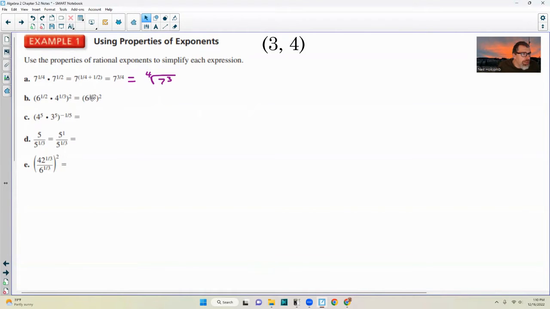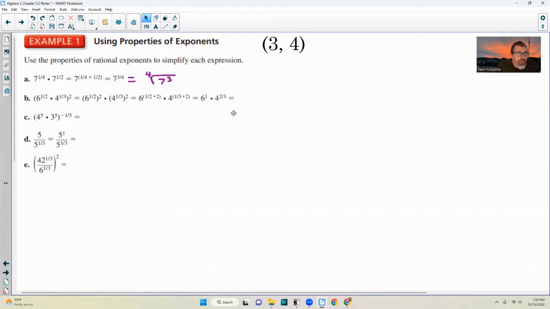So it's 6 to the 1/2 squared times 4 to the 1/3 squared. When I simplify that, it's 6 to the 1/2 times 2 times 4 to the 1/3 times 2. Well, 1/2 times 2 is 1, so it just gives us 6 to the 1. And 4 to the 1/3 times 2 is 4 to the 2/3.